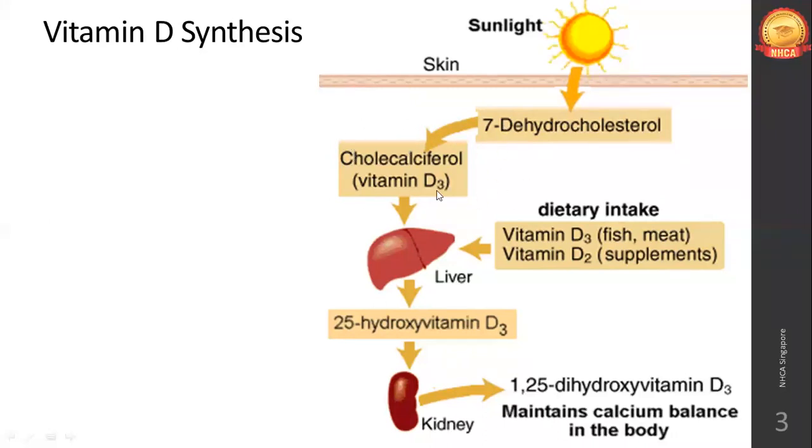This stage of vitamin D you're getting from meat, not organ meat, but the tissue meat, like boneless chicken. When you use boneless chicken, mostly you are getting a lot of vitamin D from the boneless meat. Then the next is your dietary intake: vitamin D3 from fish, meat, and sometimes vitamin D2 supplements.